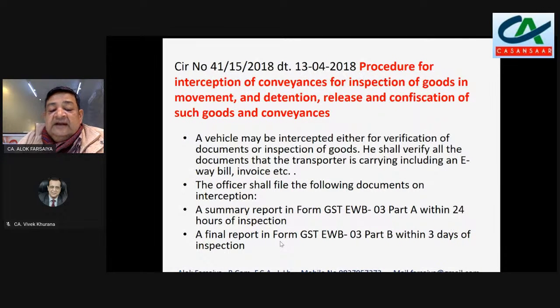Within 3 days of the interception, they have to do the entire physical verification, and they need to update the final report on the common portal.